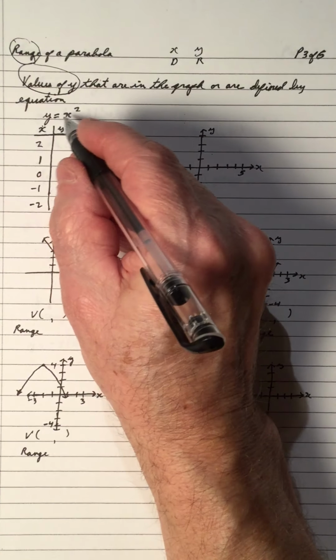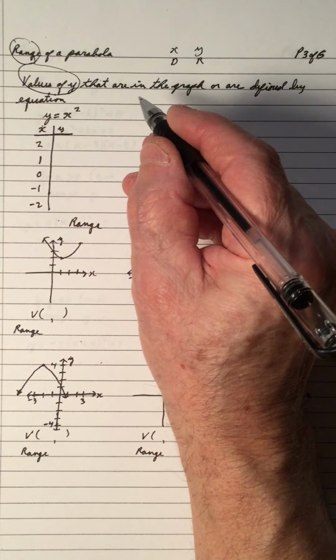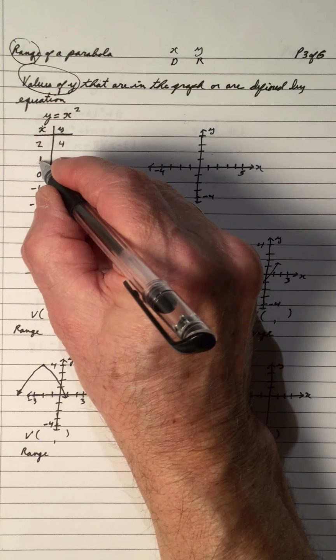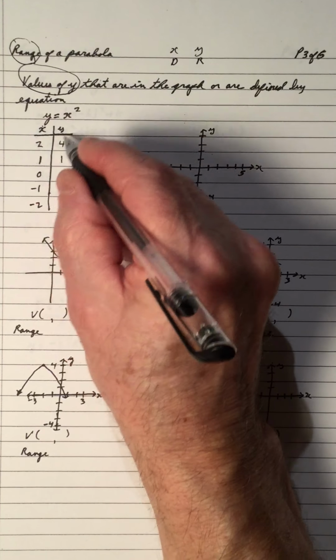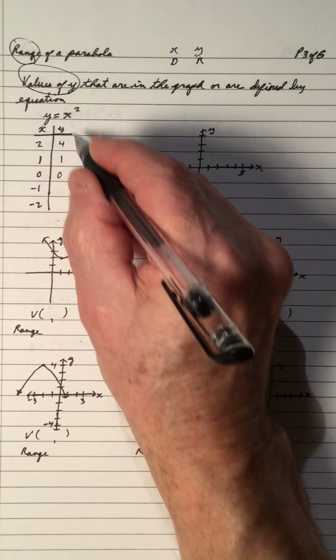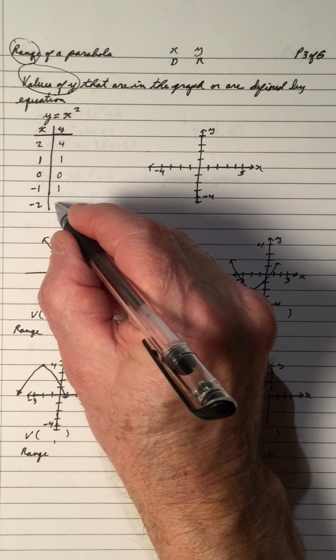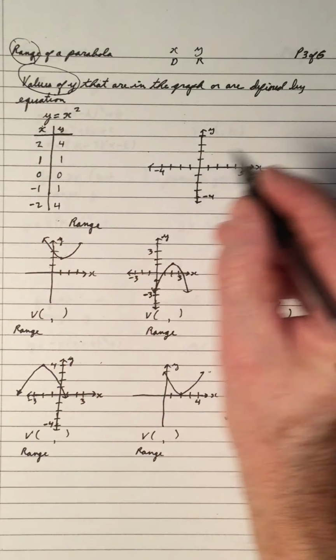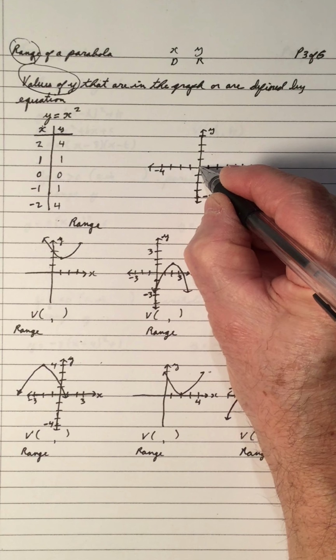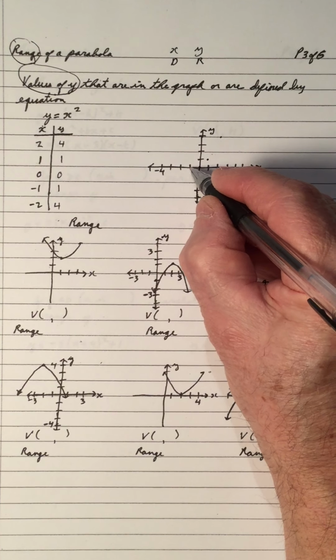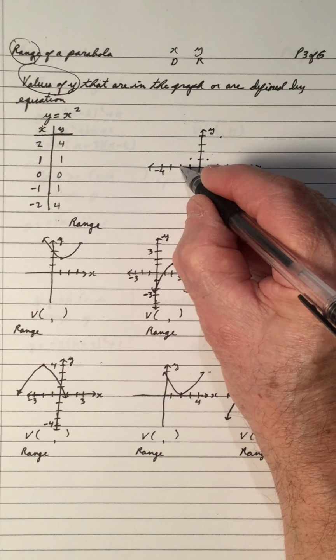So we have y = x², a parabola. So what we have is plug 2 in, I get a 4. Plug 1 in, I get a 1. 0 in, I get a 0. -1 in, I get a 1. -2 squared, -2 times -2 is 4. Again, we have 0, 0, 1, 1, 2, 4, -1, 1, -2, 4.